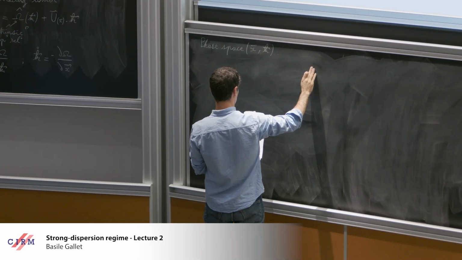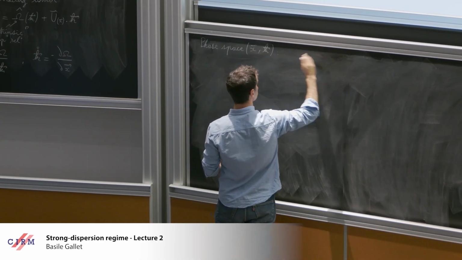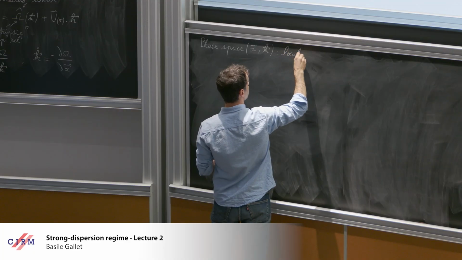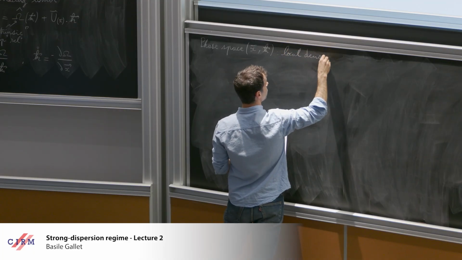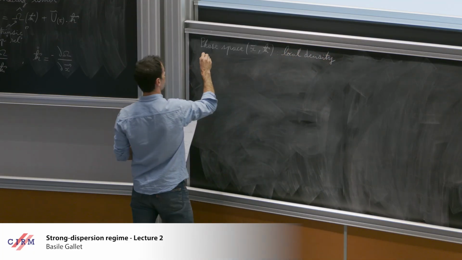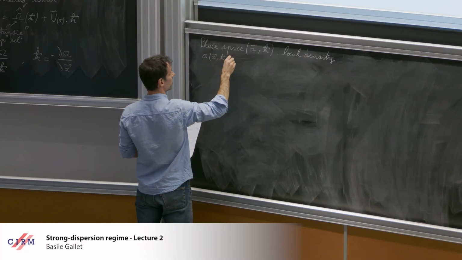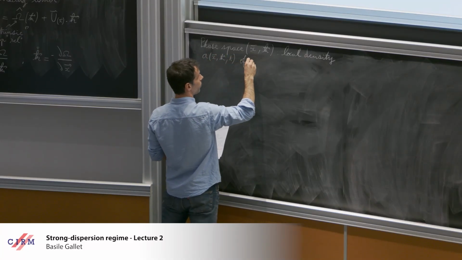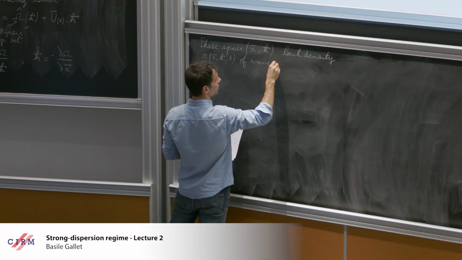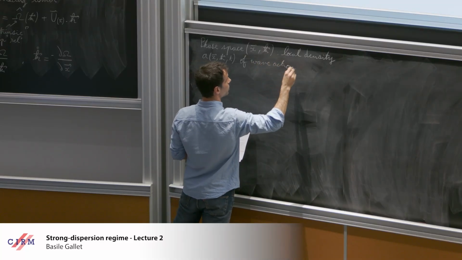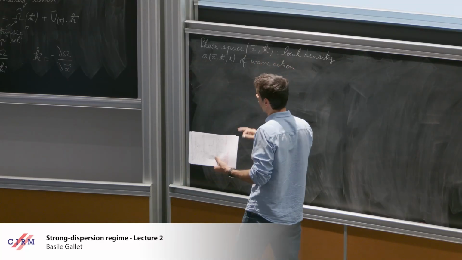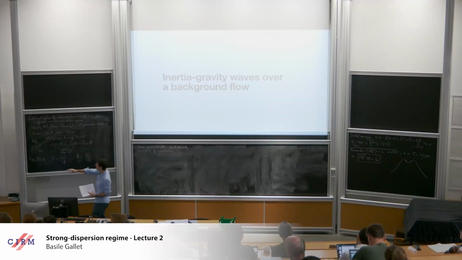We're going to consider a local density A of x, k, and t of wave action, which is the conserved quantity for these wave packets in moving media. So they move around, conserving their amount of wave action, if you wish.